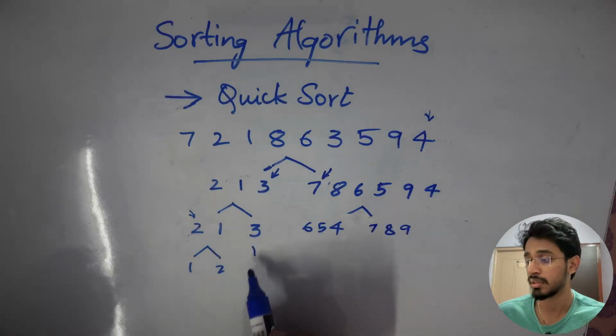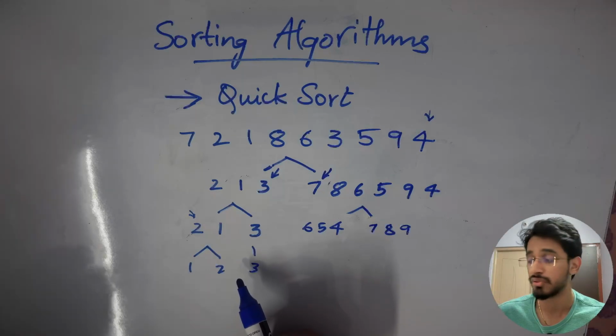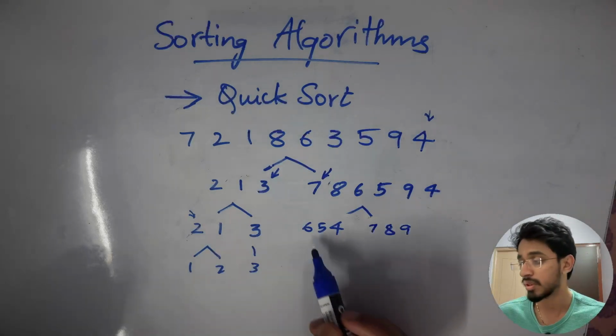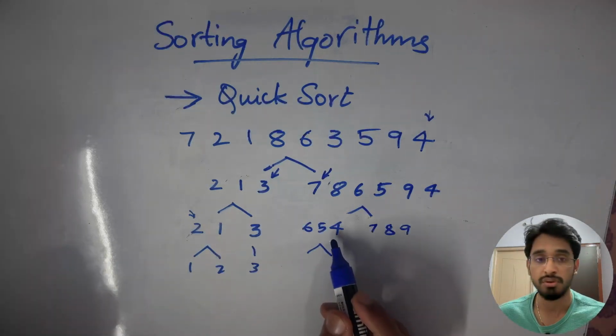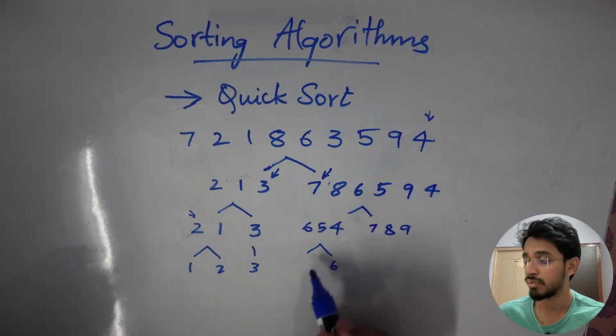So we just have 3 over here. This is like our base case when we apply recursion: if it has one element or fewer, then we just return that element itself. Over here let's consider 6 to be our pivot, and since 4 was already considered, we select 6 here, and 5 and 4 come to the left like this.